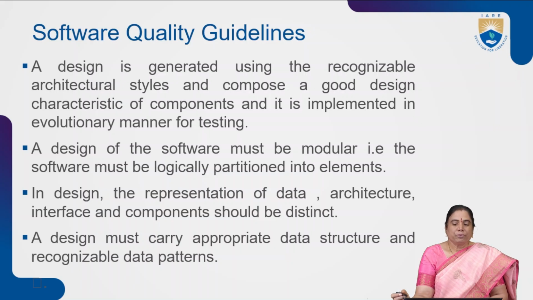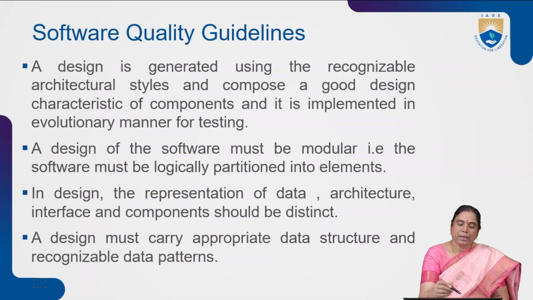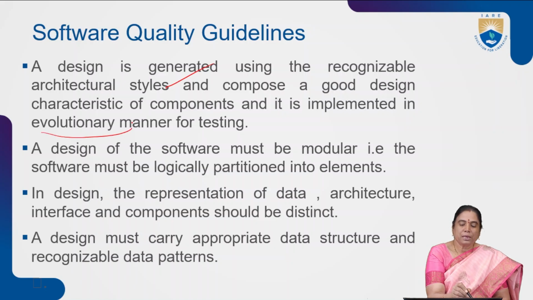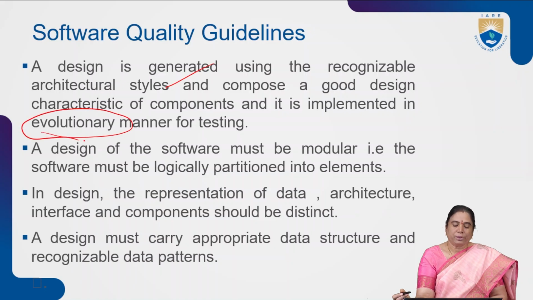So what are the software quality guidelines? A design is generated using recognizable architectural styles and composed of good design characteristics of components, and it is implemented in an evolutionary manner for testing.